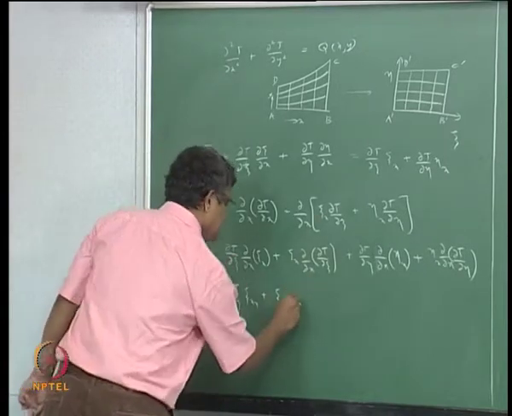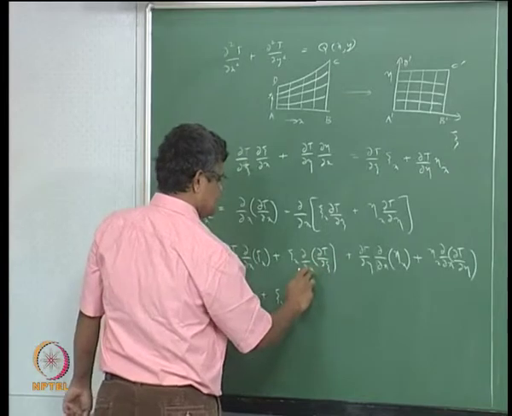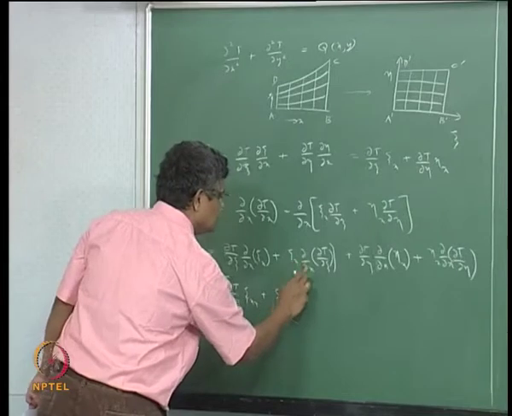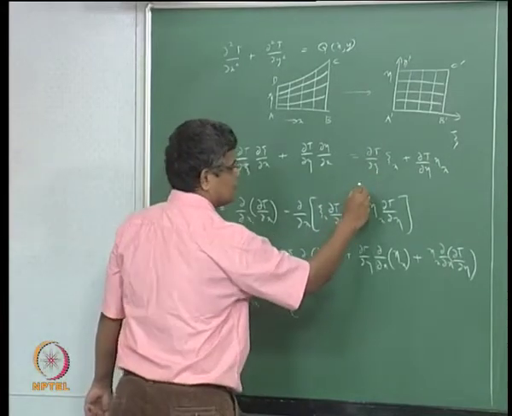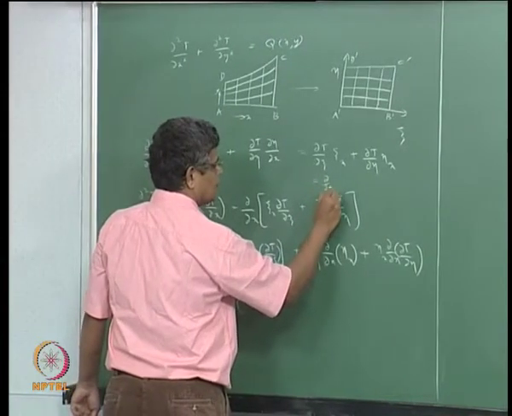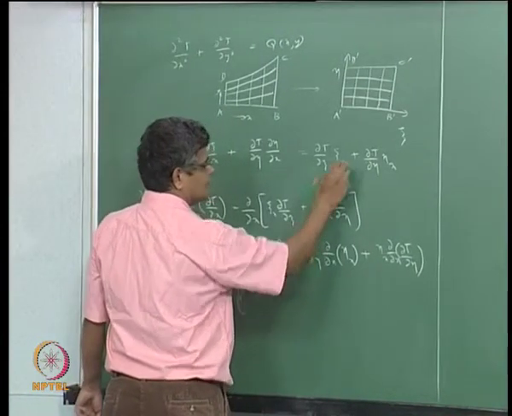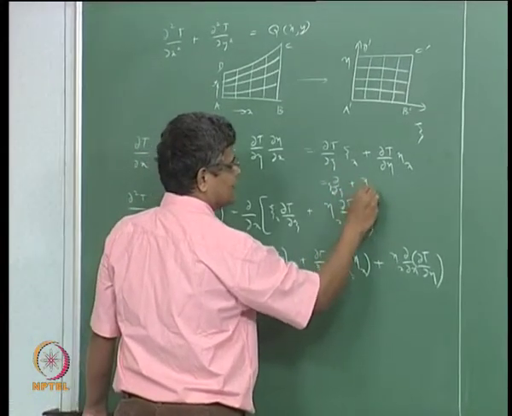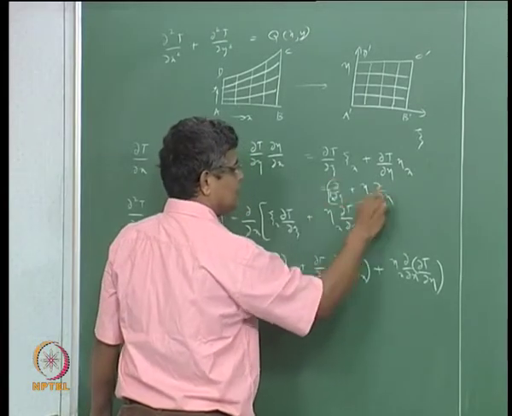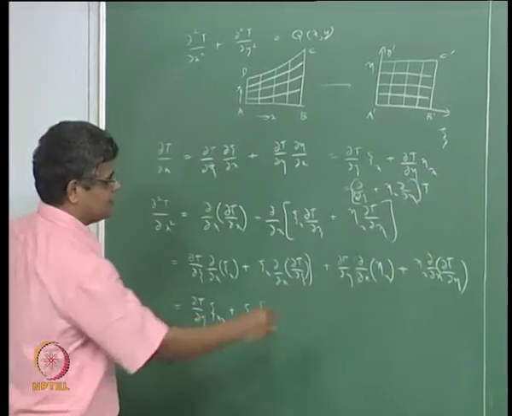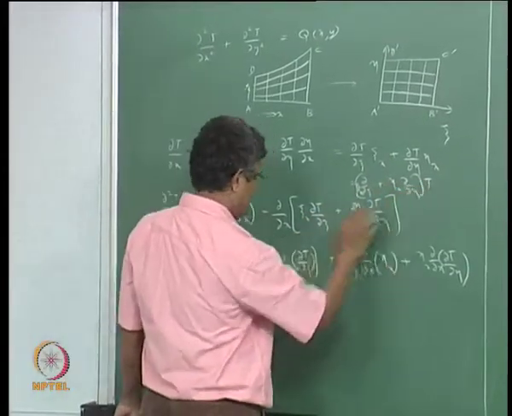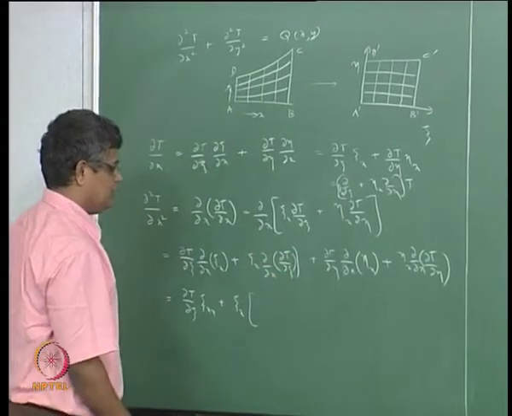So here we take this: dou by dou x of something can be written as psi x dou by dou psi plus eta x dou by dou eta of this T. So this is the operator which is acting on T, and now this is the same operator which will be acting on dou T by dou psi.